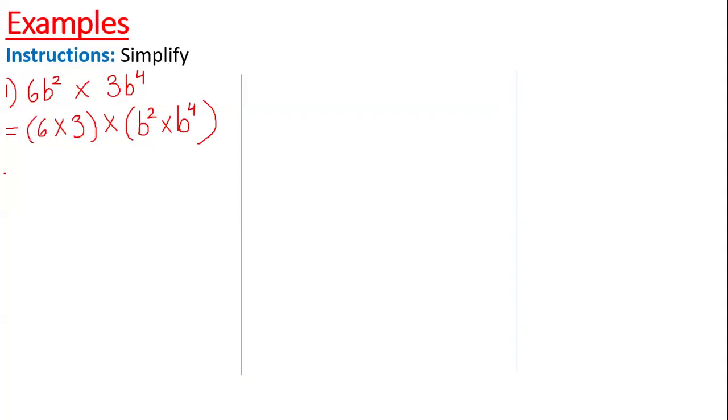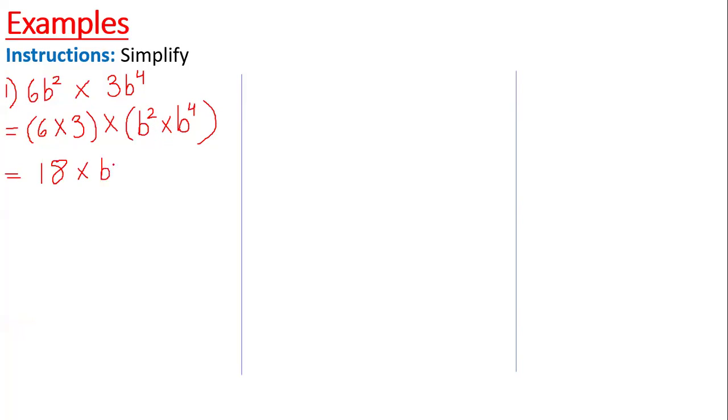Now, what is 6 times 3? 18. 18, very good. 6 times 3 is going to be 18, multiplied by what is b squared times b to the 4th?